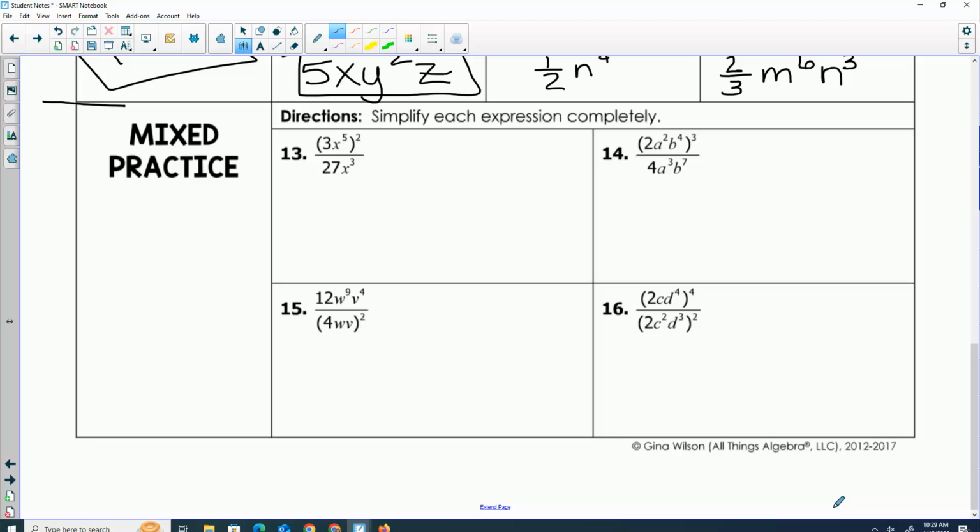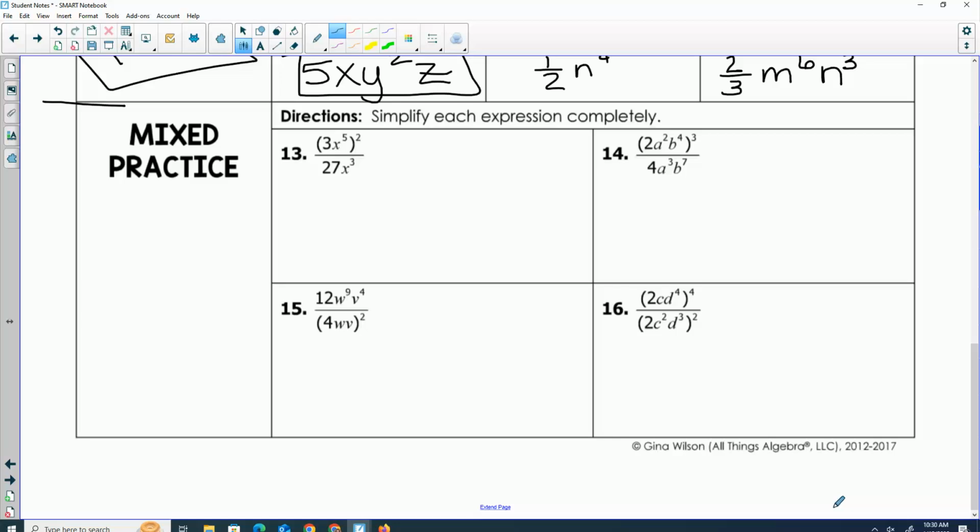Order of operations says we do parentheses and exponents before we multiply and divide. So when I look at this one, 3x to the 5th squared over 27x cubed, we have to first deal with the parentheses and the exponent on top. So we know how to do that.